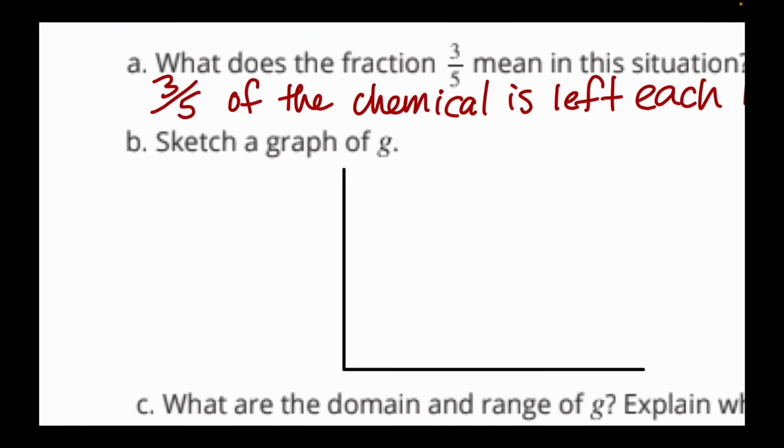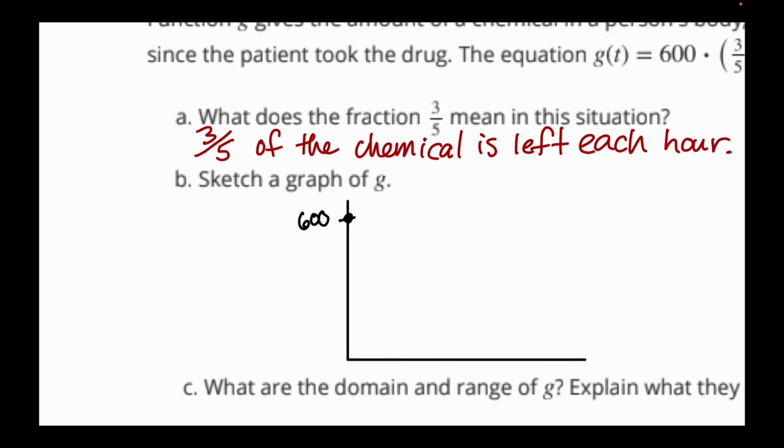But I might zoom in here and say, up here is going to be 600, and so at 600, I know I'm going to have a point, because it should be decreasing. Now this down here, I'm sorry, is going to be hours since it was taken, and this would be chemical in milligrams.